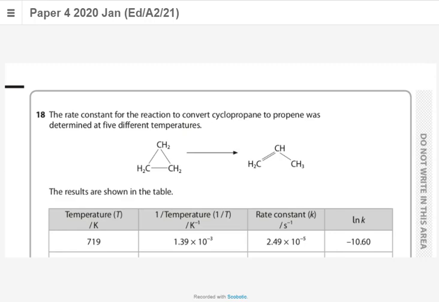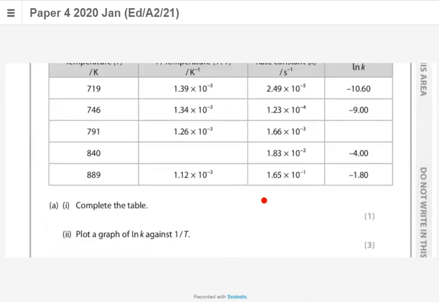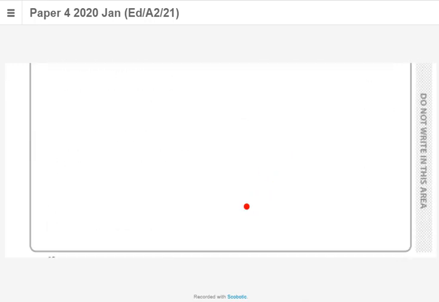You can say a lot of energy is required to break these strong carbon-carbon bonds.